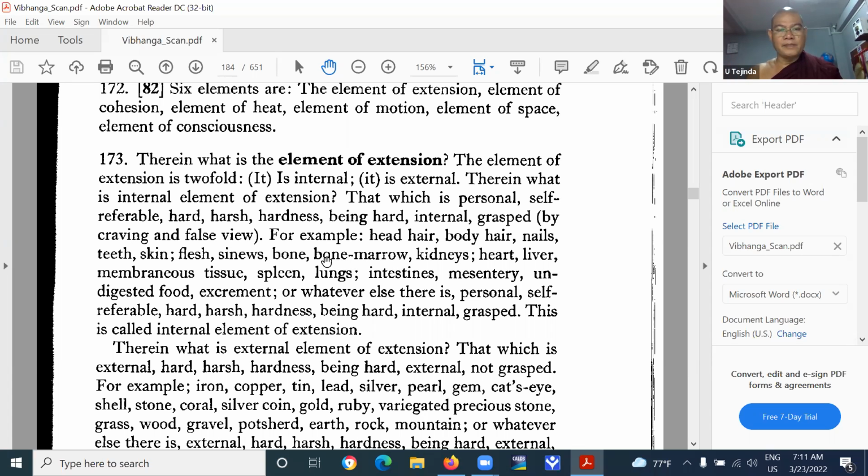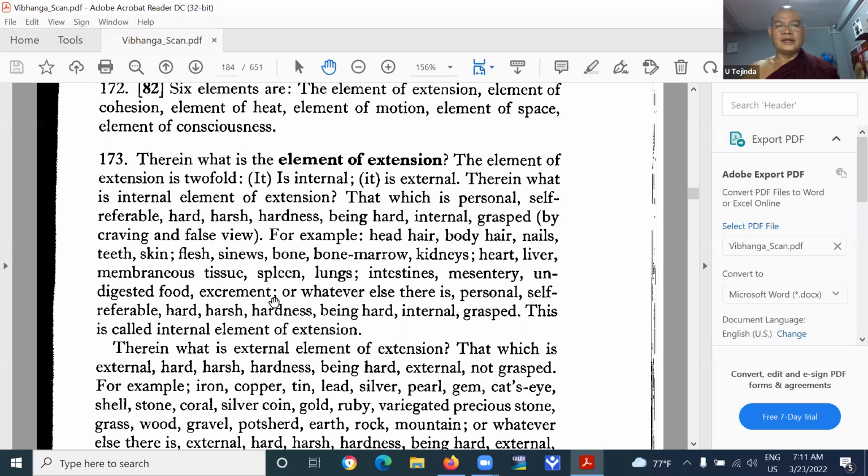By taking the bone marrow, the brain is already taken, he said. The Anutika by Venerable Ananda says that by taking bone marrow, the brain also has been taken. That's why Matthalunga, the brain, is not mentioned here.